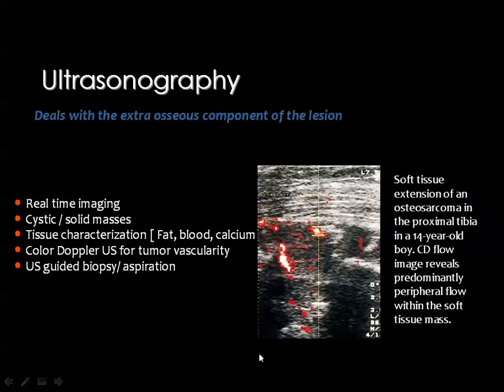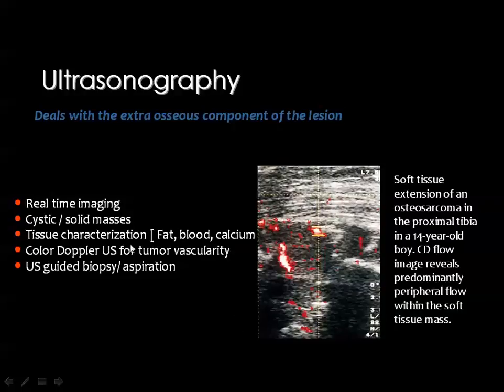Ultrasound is one of the major tools in musculoskeletal imaging, and it plays a good role in evaluation of bone tumors. Being a real-time examination, this is very advantageous. It can easily differentiate the cystic from the solid masses, especially those extending outside the bone.